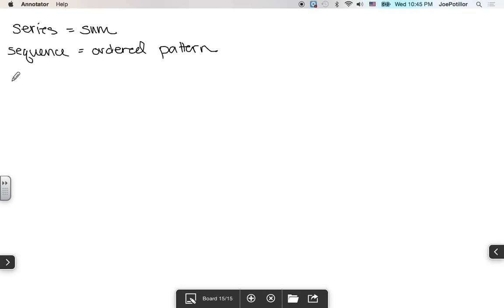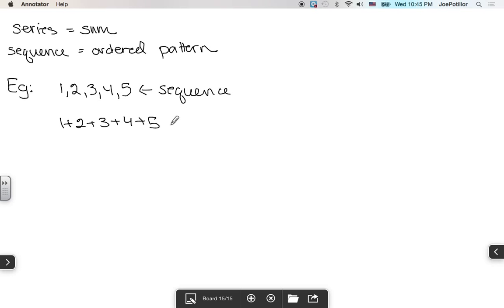To explain that in short, I can show it by example. The sequence is 1, 2, 3, 4, 5, and not adding it together. The series would be 1 plus 2 plus 3 plus 4 plus 5. That makes sense. This is the sequence. That is the series.